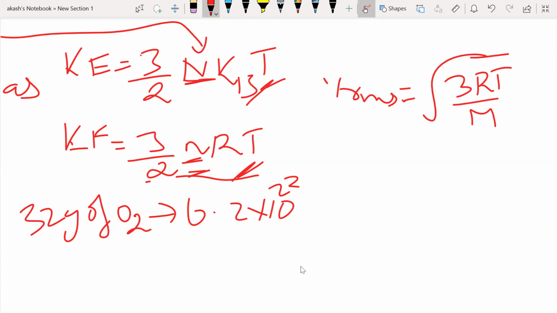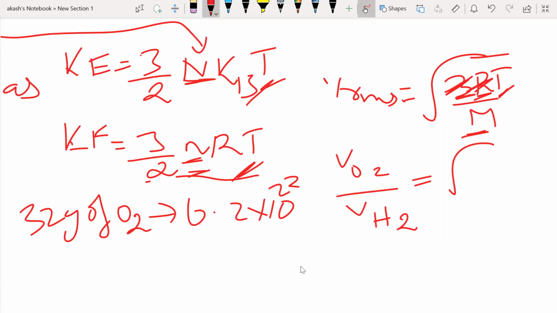I'm getting the answer at once. Okay, we'll check. So you can see 3 is constant, R is constant, only variables are temperature and molar mass. So I can write V_RMS of O2 divided by V_RMS of H2, H2 is what is asked, will be equal to root of, so basically this 3 and R will get cancelled, only T and M will be remaining.